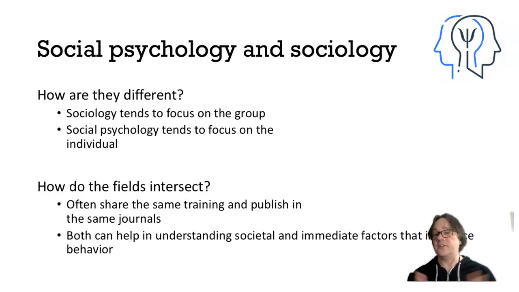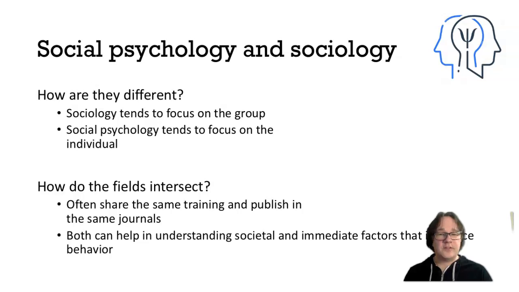How do the fields intersect? Well, they, again, often will share the same training, and social psychologists and sociologists will often publish in the same journals. Even some of my research dealing with gender and sexuality discrimination has appeared in sociology journals that are, let's say, very sympathetic to social psychology.